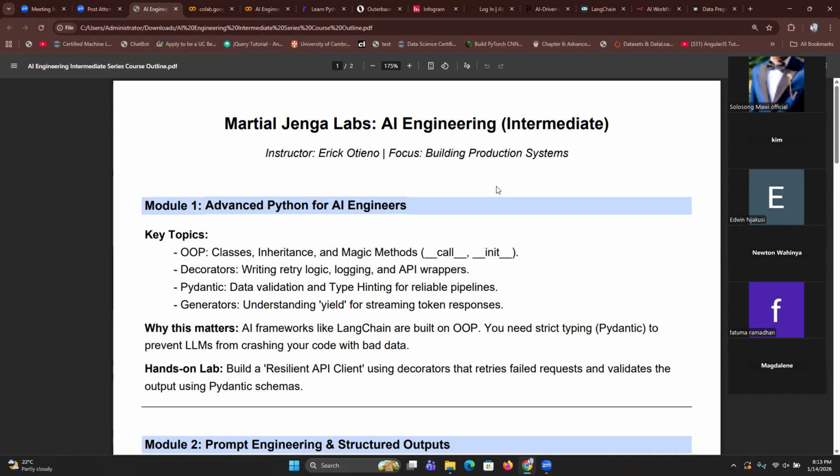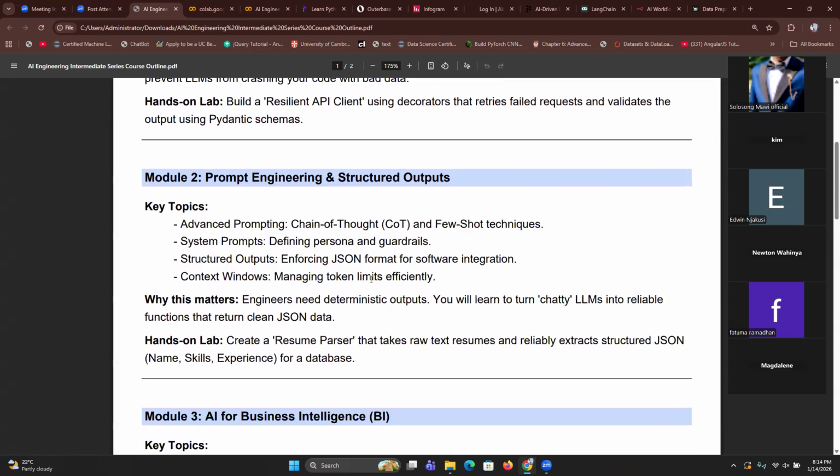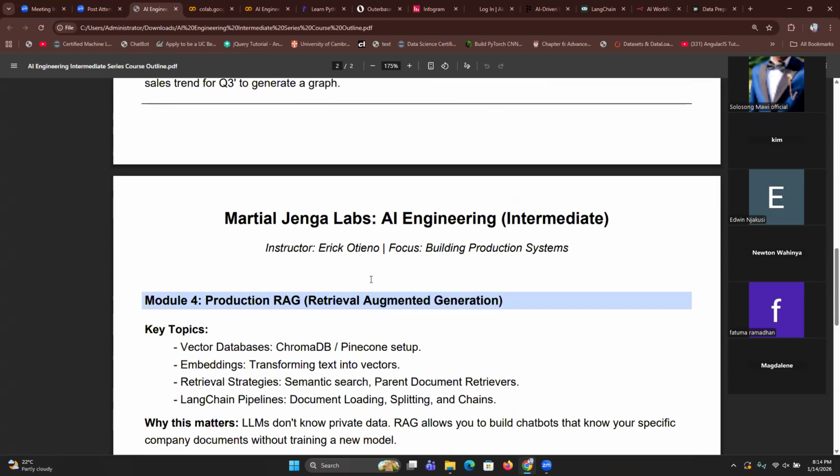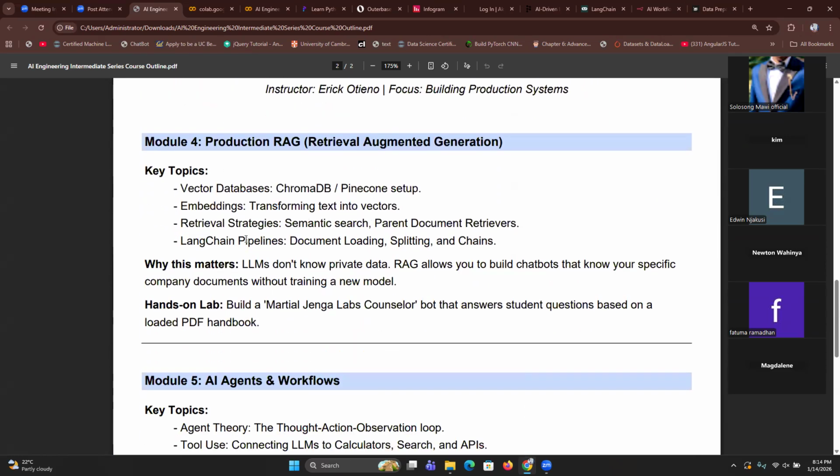Yes, I think, Edwin, you have a very important question. You're asking, is fine-tuning part of the AI intermediate series? It should be. Yes, it should be. And I think for fine-tuning, we'll actually place it here.